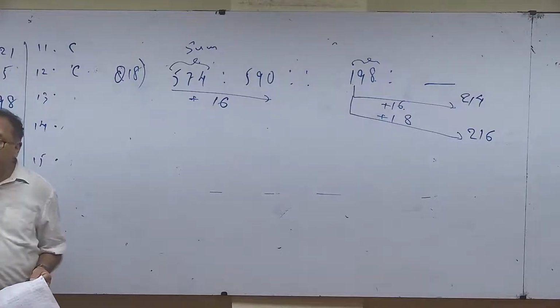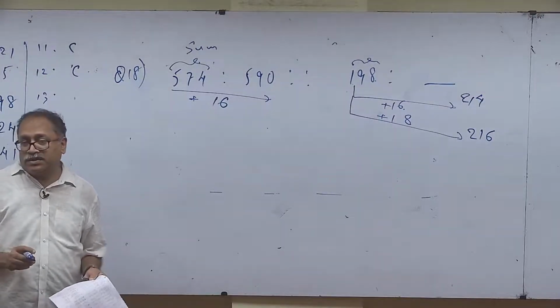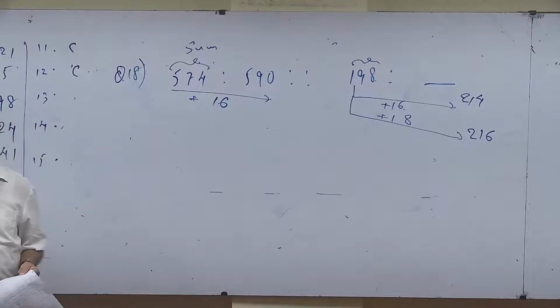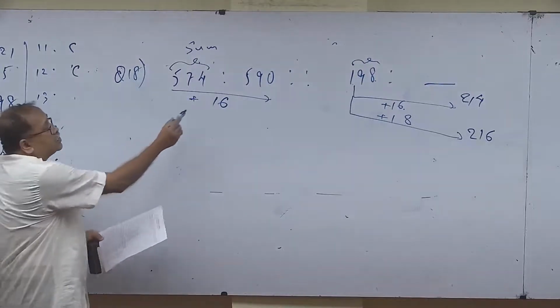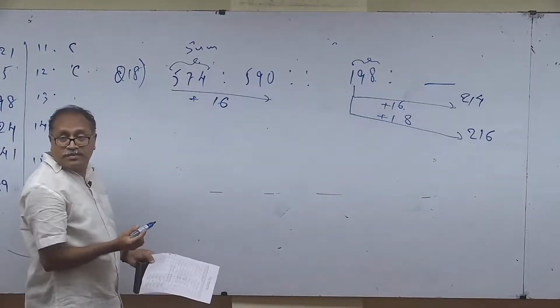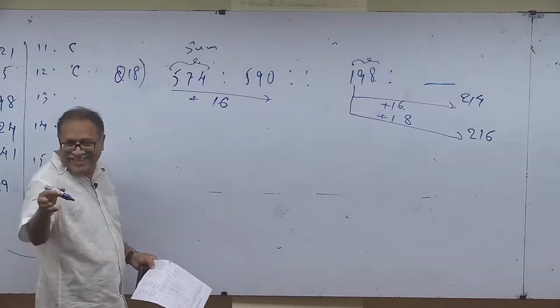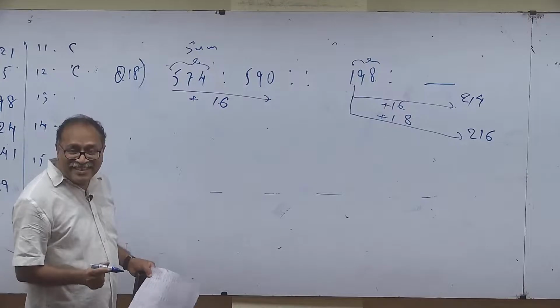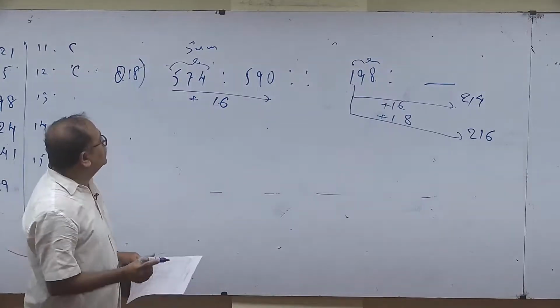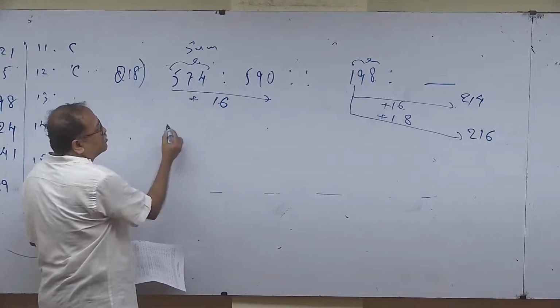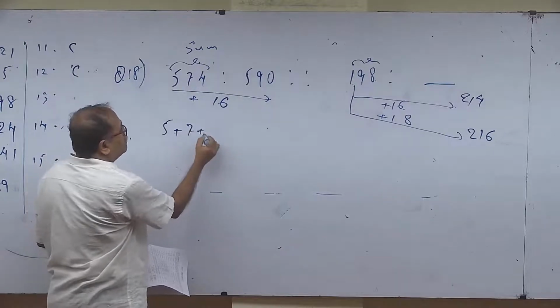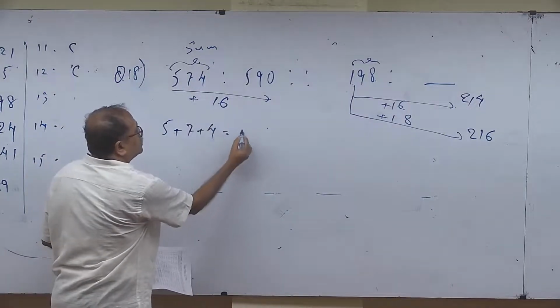And this was the sum of the digits addition. The 16 is the sum of the digits, sir. Hello, what's your name? Ganesh. So this 16 is 5 plus 7 plus 4, that's 16.